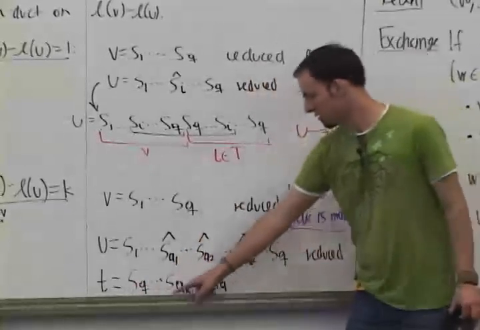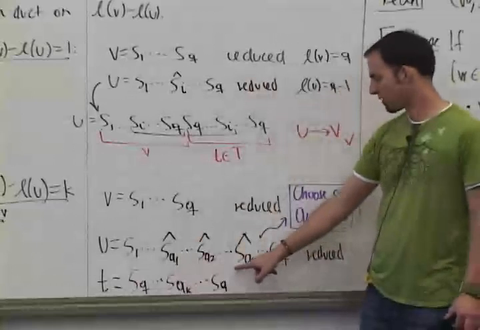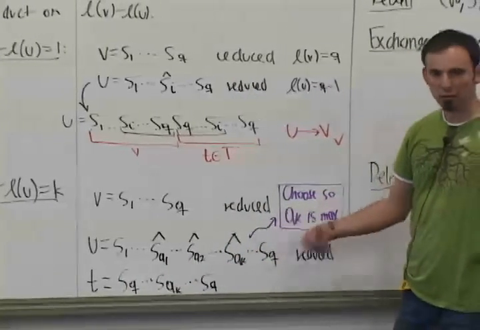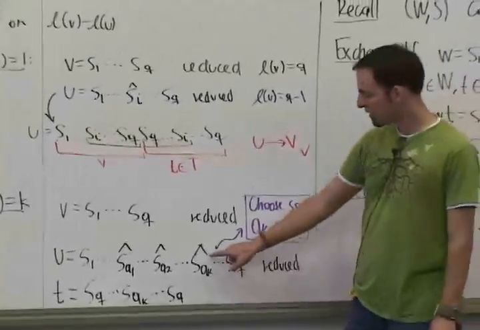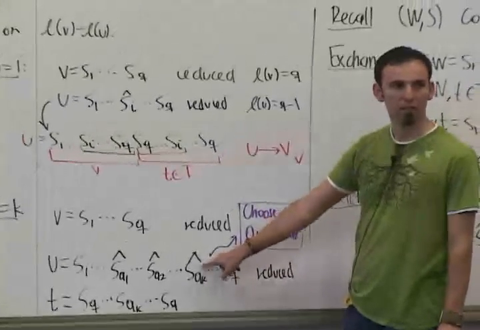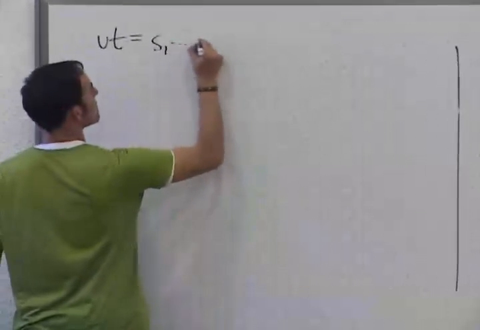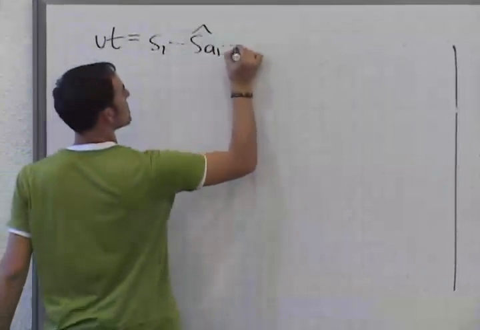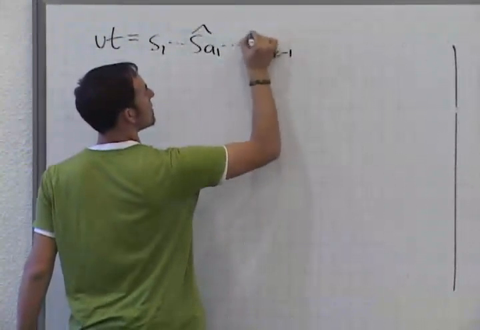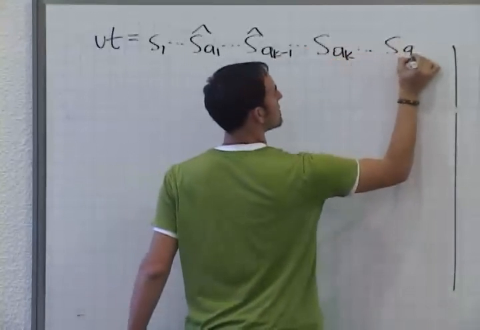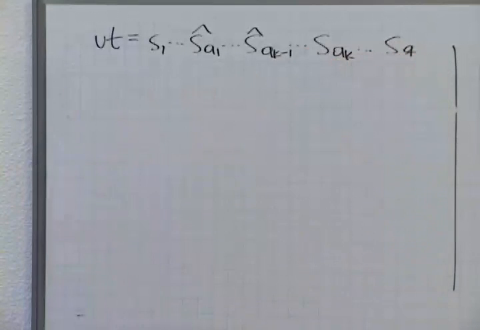And then these guys are going to reappear, which are going to take the spot of everything like this. So when you carry out this multiplication, the only thing that happens is that you put S sub AK back in here. So UT is just the same thing except that I put S sub AK back.